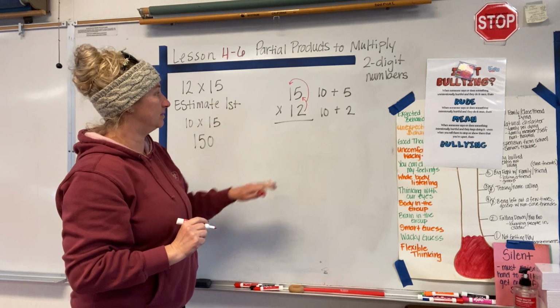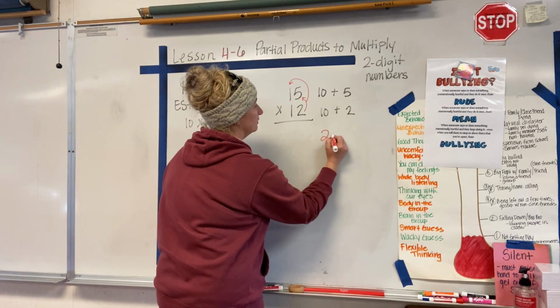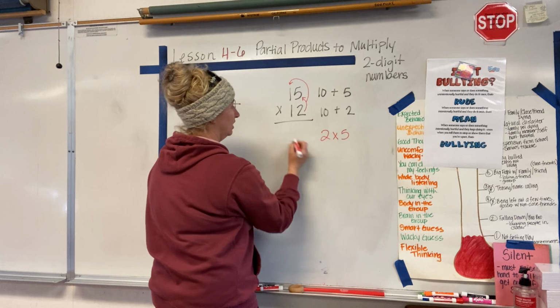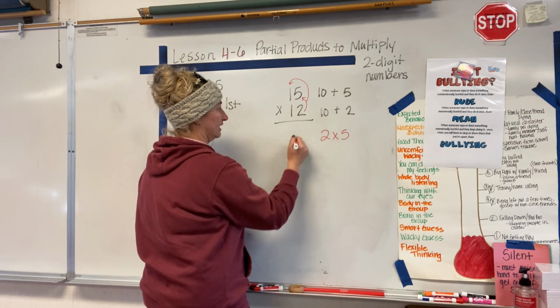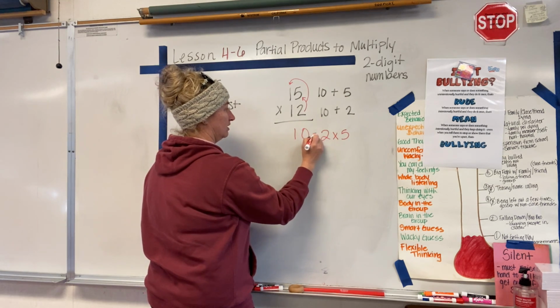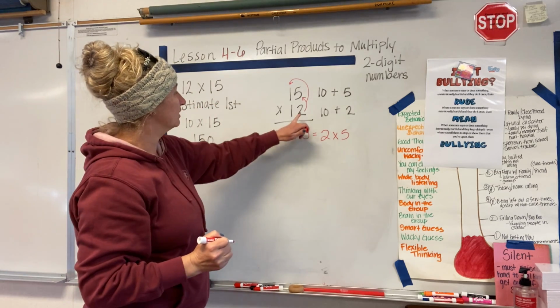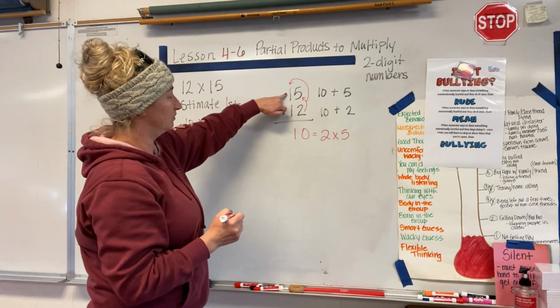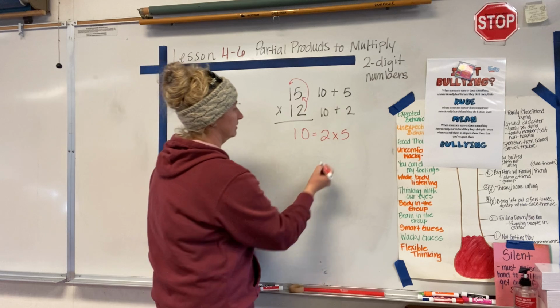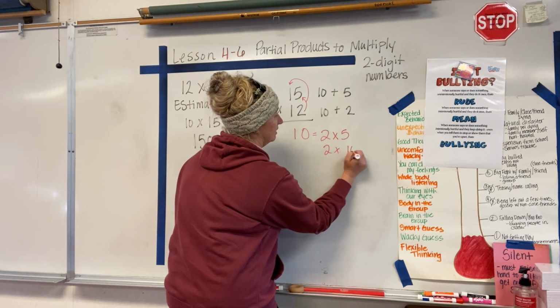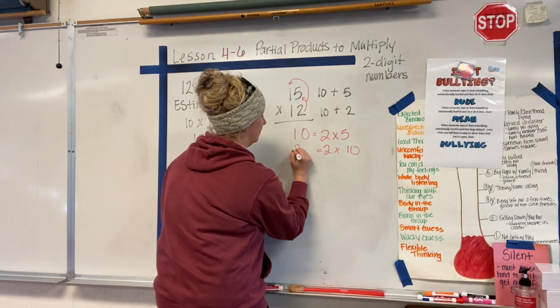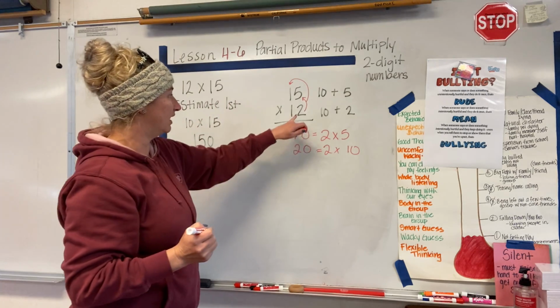I'm having pen problems. So you're going to wind up with 2 times 5, and you're going to put your partial products here. That's 10. Okay, and then you're going to wind up with 2 times the 1 here, and that's actually 10. So 2 times 10 is 20. Okay, so now you're done multiplying by the 2.